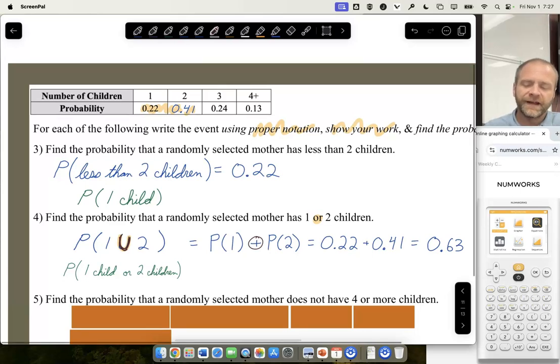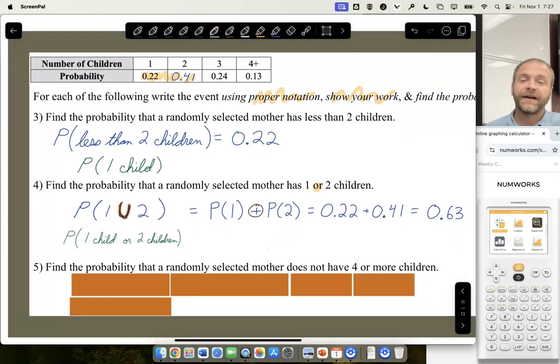So find the probability that the mother does not have 4 more children. Hold on, let's take a look. Let me get rid of what I have here already. All right, so does not. That word not sticks out to me. That word not is telling me complement. It's not happening. Especially with a small probability model like this one, not 4 more children means 1, 2, or 3.